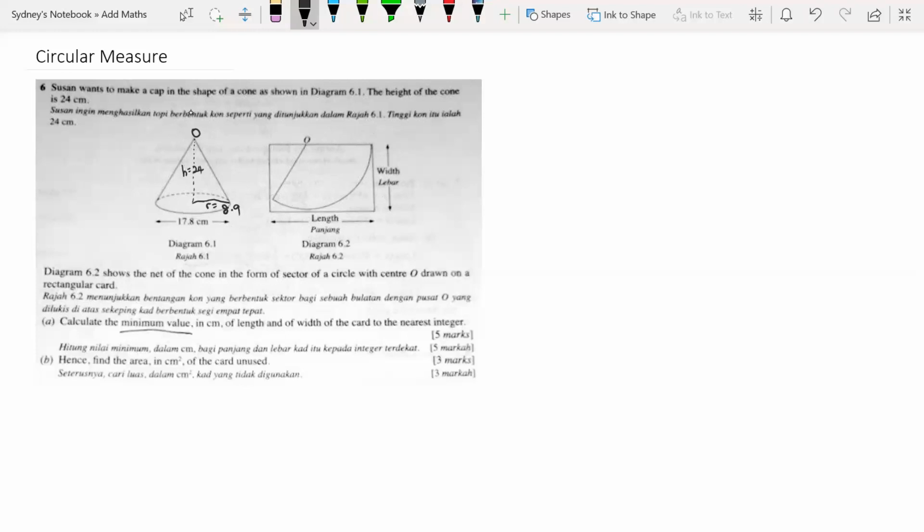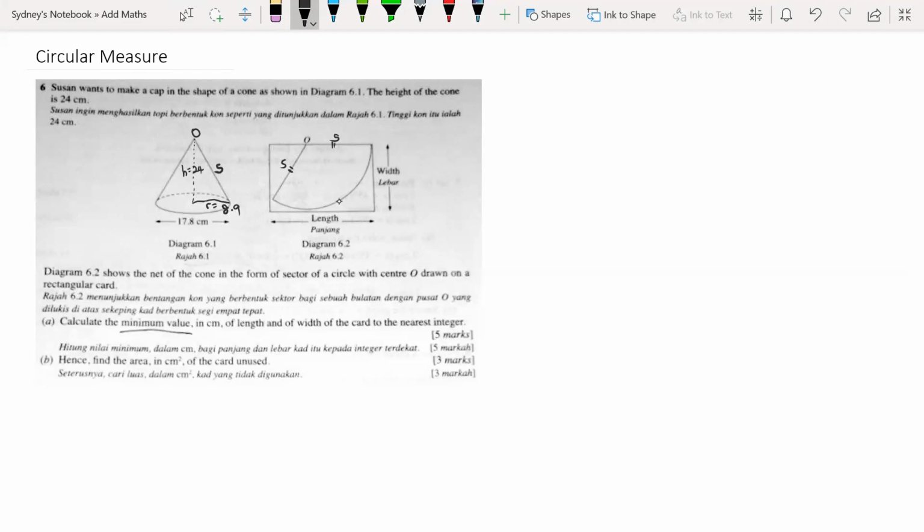So now let's look at this cone with the height and with the radius. If we spread this out, look at the net, the slanting height will actually form the radius of the sector in diagram 6.2.